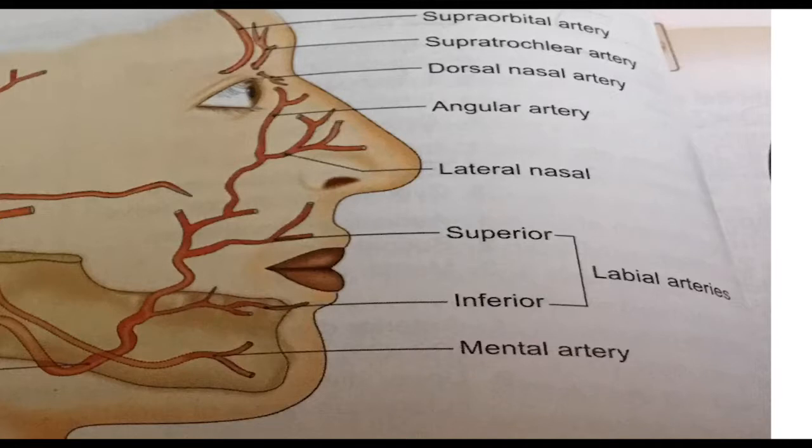Now the inferior labial, as the name suggests, supplies the lower lip. Okay, but other than this, it also supplies the labial glands, which are the minor salivary glands, which are located in the lower lip.